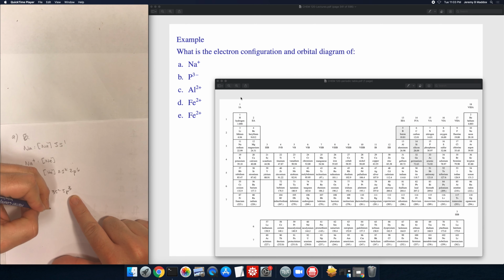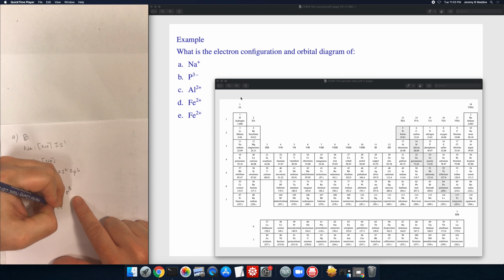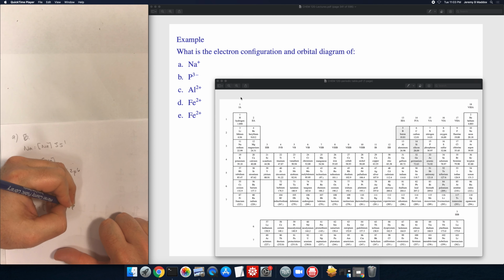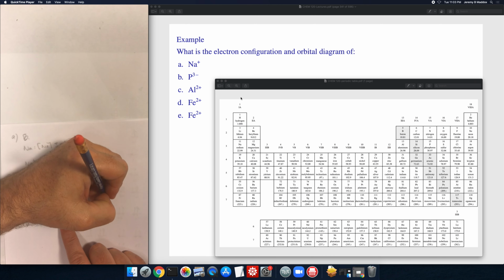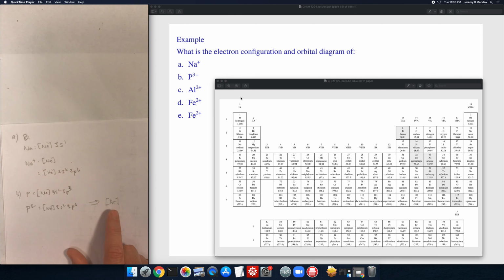So you're going to have a neon core, 3s2, 3p6, and this is isoelectronic with argon. It has the same electronic structure as argon. So there's something extra special about filled p subshells. A filled shell tends to be extra stable.